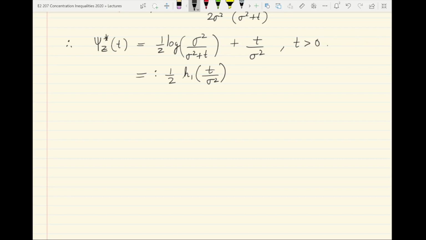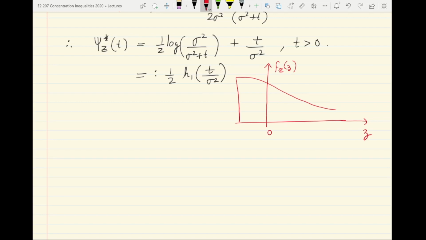So we have evaluated C_z star of t up to some reasonable level of clarity. So it's worth pausing to examine what we have done in a more pictorial sense. So recall that z was essentially the centered version of y, and so its PDF will look something like this: f_z of z, with mean 0.